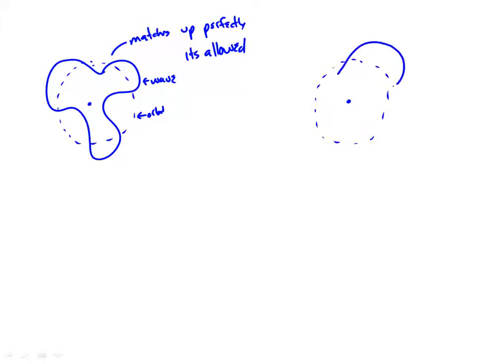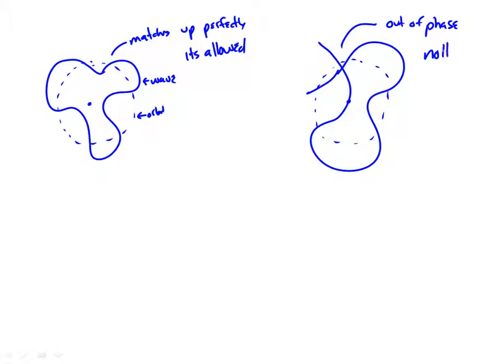And what happens is if the wave doesn't match up perfectly, if it's out of phase like this, then it's not allowed as an orbit. Well, this technically is what we call constructive interference and destructive. Now I'm going to use an analogy because this is too weird to try to imagine, okay?